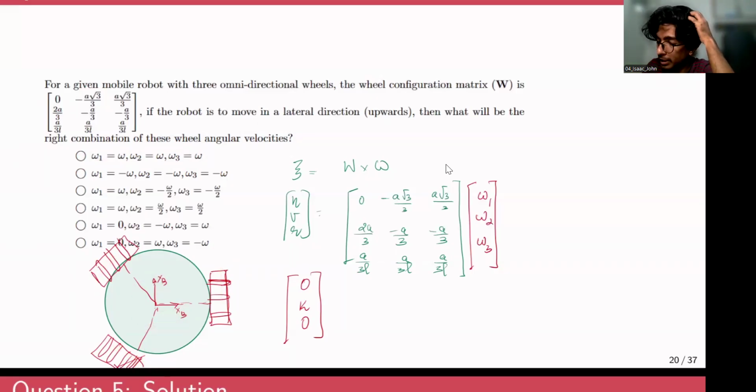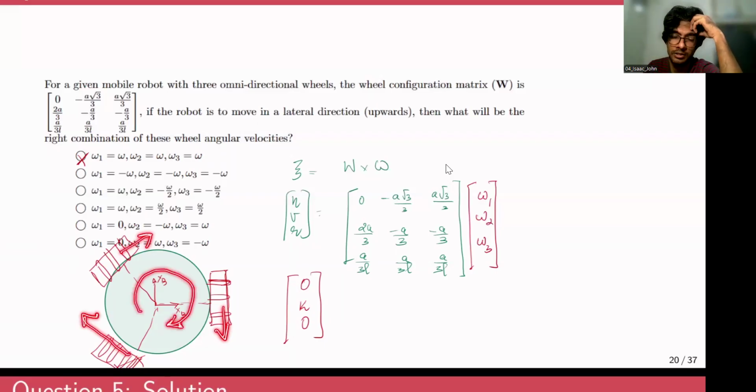That is not what we wanted, so we can eliminate the first option. And the second option is, omega 1 is negative omega, omega 2 is also negative omega, omega 3 is also negative omega. So it also has a pure rotation, but in an opposite sense. So you can eliminate that as well.